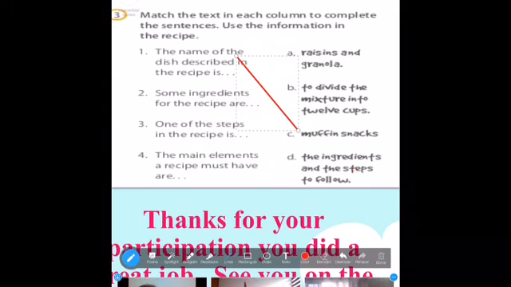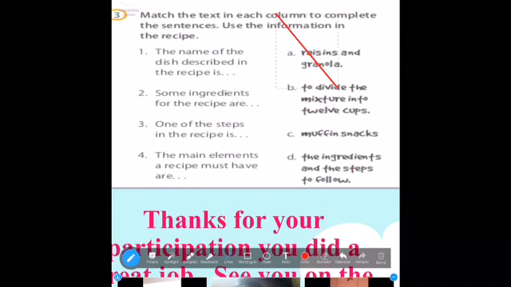No, it's another. The ingredients and the steps to follow. No, not exactly. Who knows? This is the letter A, exactly. Raisins and granola.